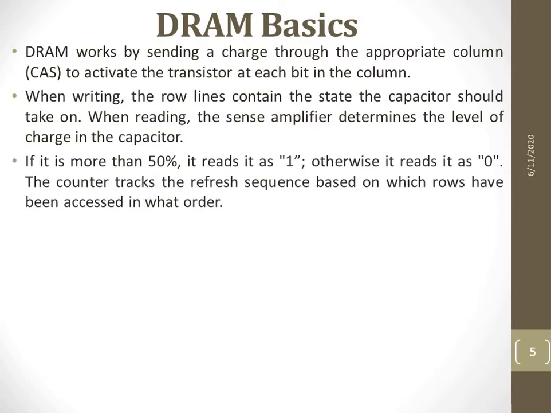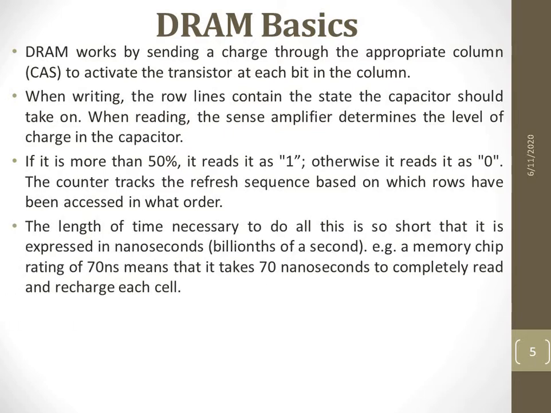If it is more than 50%, it reads as 1, otherwise it reads as 0. The counter tracks the refresh sequence based on which rows have been accessed in what order. The length of time necessary to do all this is so short that it is expressed in nanoseconds, that is billionths of a second.